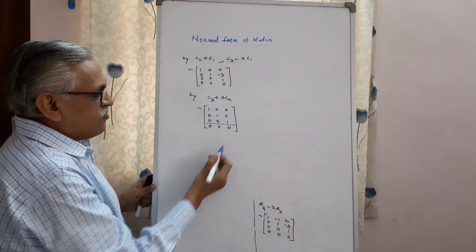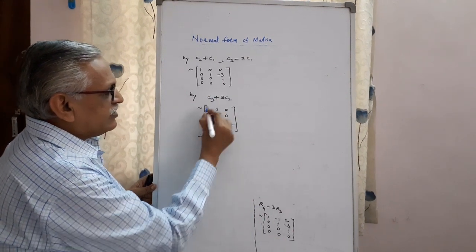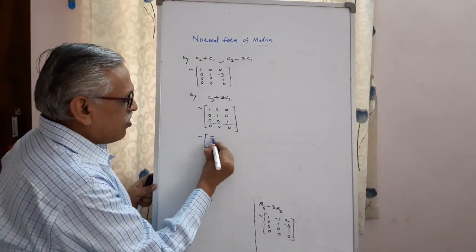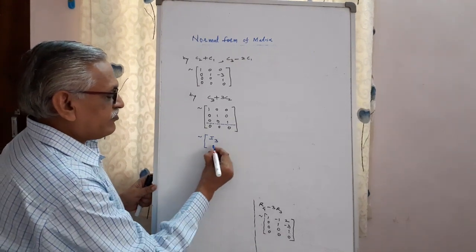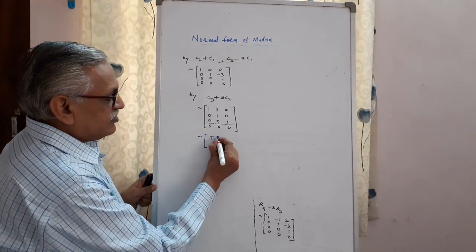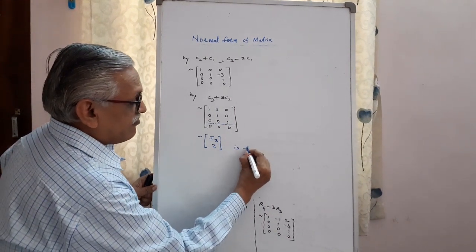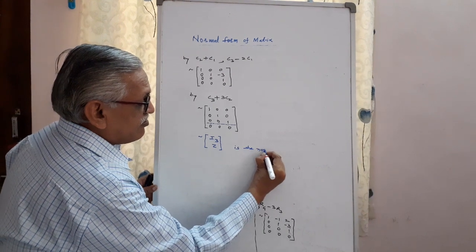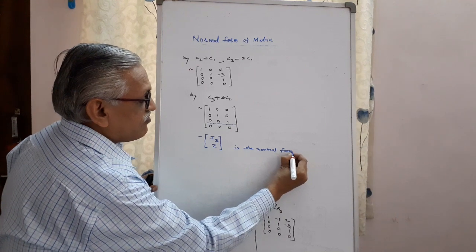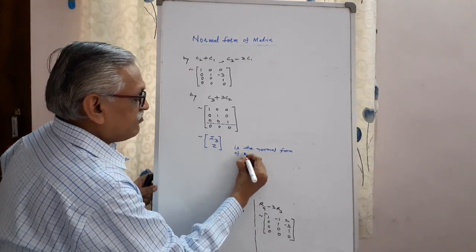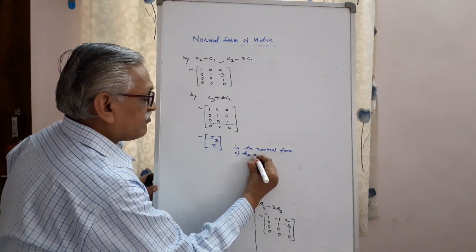Therefore this is the normal form, and in symbolic form I can write it as, this is the identity matrix of order 3, and this row matrix as a zero matrix is the normal form of the given matrix.